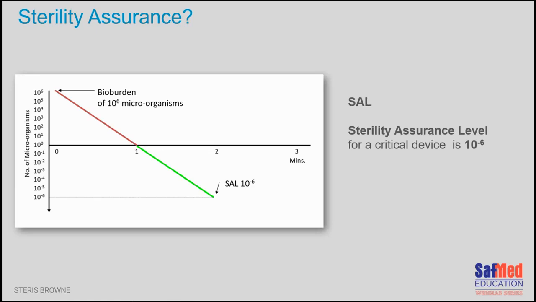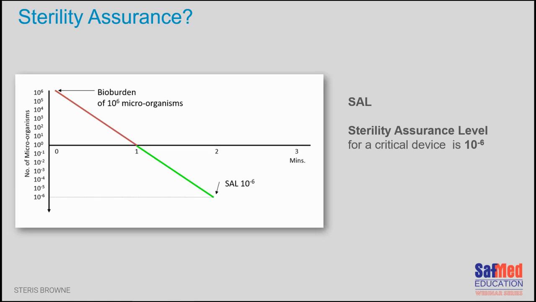So the whole idea is to visualize a sterility assurance level of 10 to the power of -6. If we look at the red line over here, we've started with 10 to the power of 6, so 1,000,000 microorganisms, and we want to get down to 10 to the power of 0, meaning that there are no microorganisms left on our device. That's our main goal, right? But the guidelines say, no, that's not enough. We have to make sure that our sterility assurance level is 10 to the power of -6.